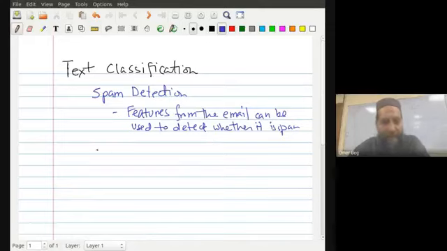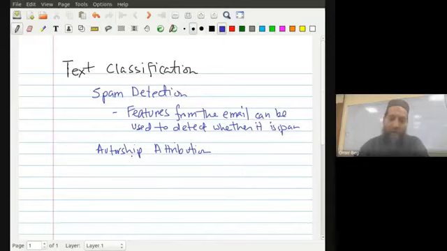Another example of text classification is authorship attribution. Here, we are given a piece of text and we are trying to figure out, who's the author of this text?